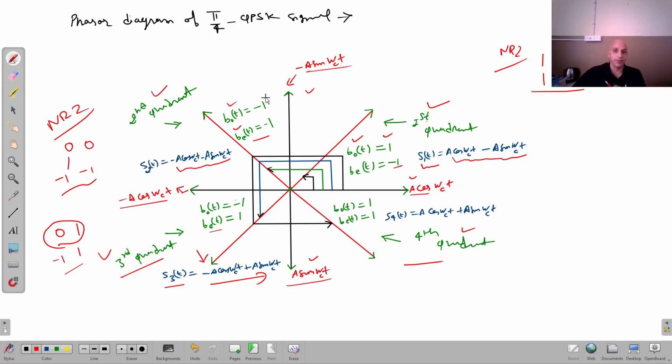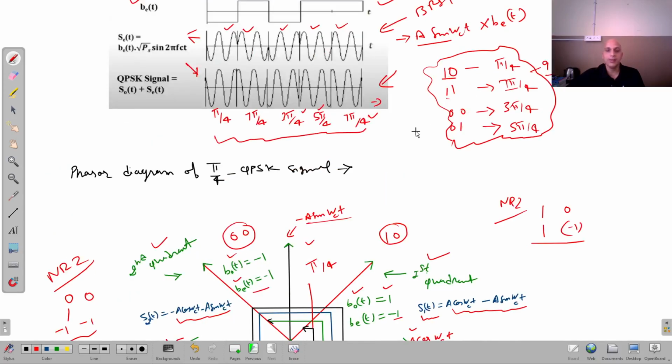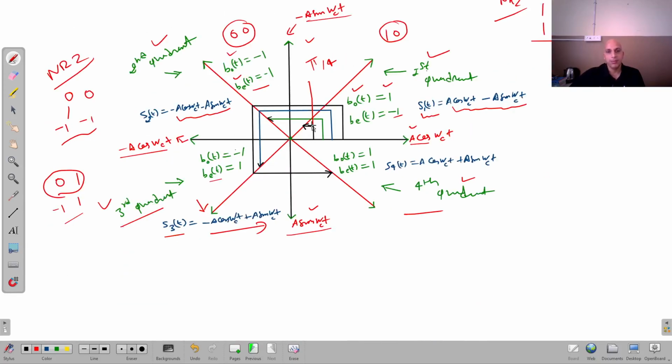As we go from here to here, the phase angle is 3 pi by 4, which is basically 0 0.